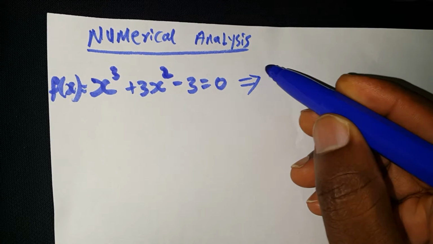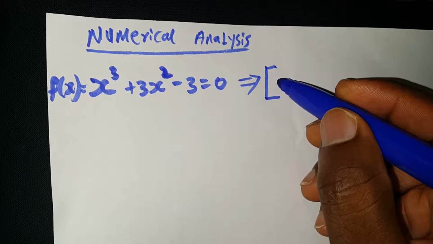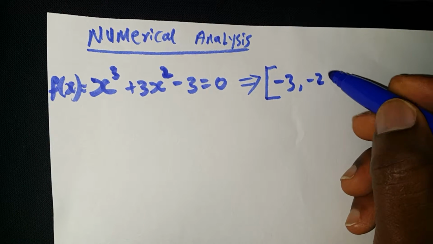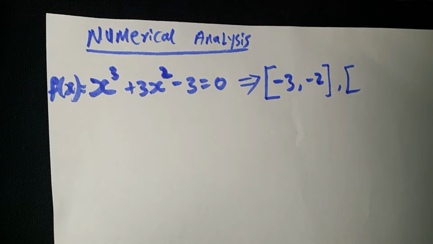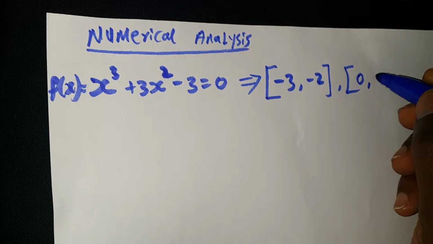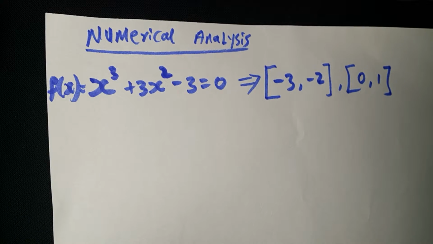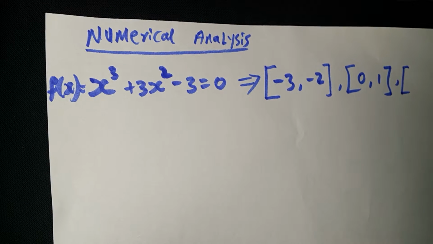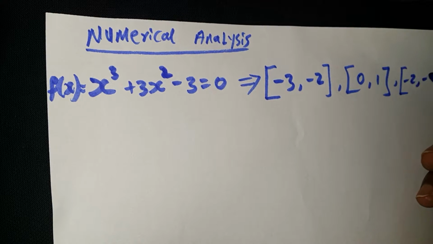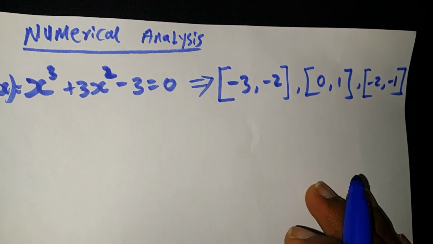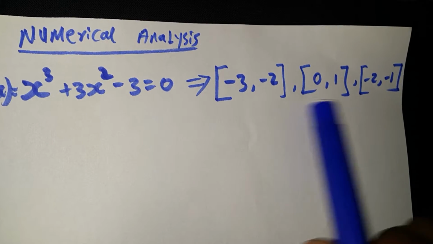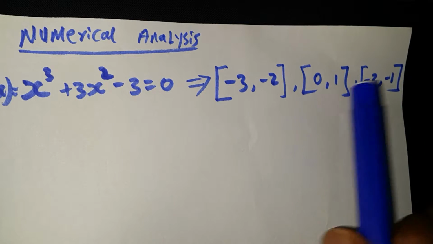intervals. So in the last video we said that our intervals are -3 and -2, and the other one 0 and 1, and another one is -2 and -1. So we solved this function in the previous video and we found these 3 intervals.